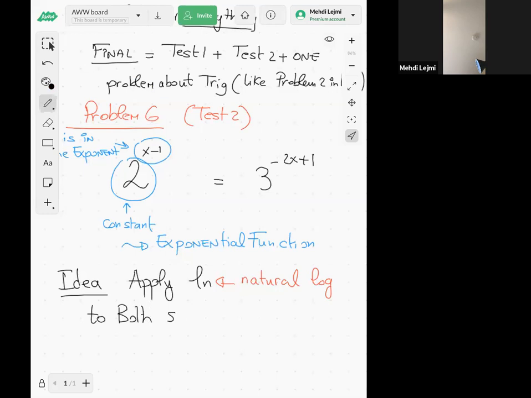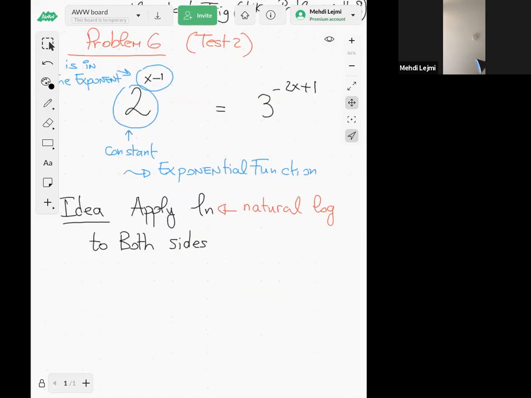So here's my natural log on the left, equal to the natural log on the right. On the left side, it's 2 to the power x minus 1, and on the right side, it's 3 to the minus 2x plus 1. Why do we bother applying natural log to both sides?